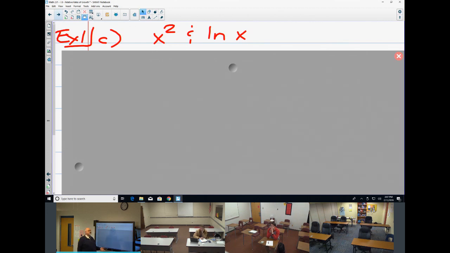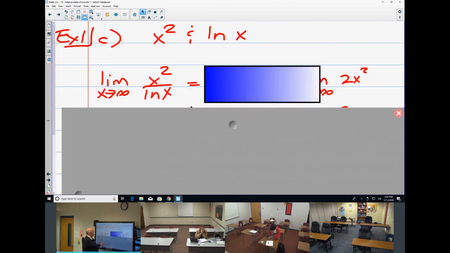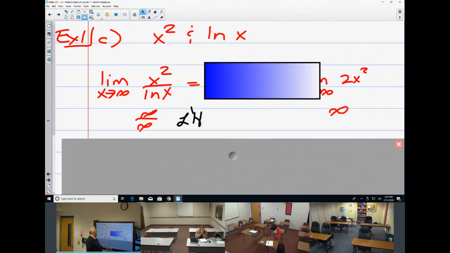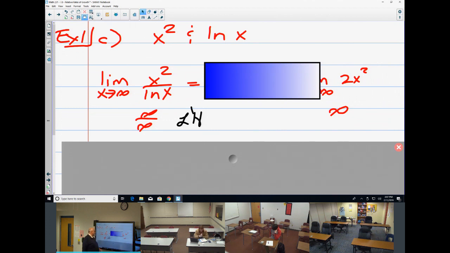All right, so let's say I have x squared and ln of x. Now, let me just tell you in general, if you were to guess, usually ln of x is going to lose. It's going to go slowest. But let's just see how the math works out. So I'm going to compare x squared and natural log of x. You try plugging in infinity, and you get infinity over infinity. So you use L'Hopital's rule.